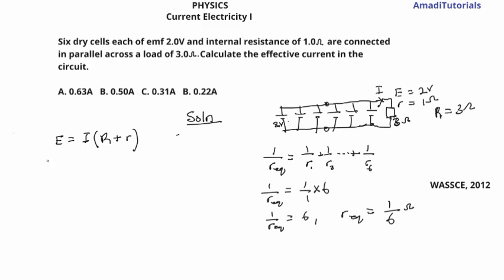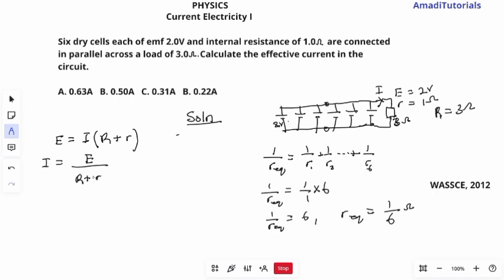If you make current the subject of the formula here, you have that I will be equal to E divided by big R plus small r. And what is the value of our E? The value of our E is 2. Somebody will ask, but we have about 6 cells here, shouldn't we add them up?